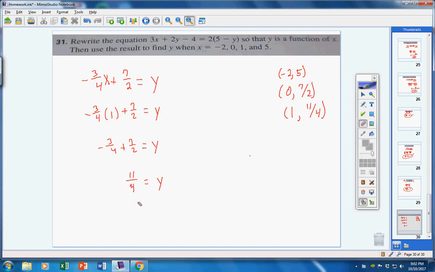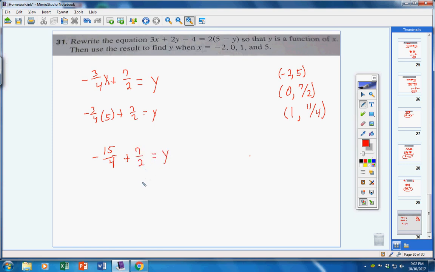Alright? Lastly, let's substitute 5 in for x. So I have -3/4 times 5 plus 7 halves equals y. Negative times the positive is negative 15/4 plus 7 halves equals y. And if we combine these, I believe, -4/4, which is -1.